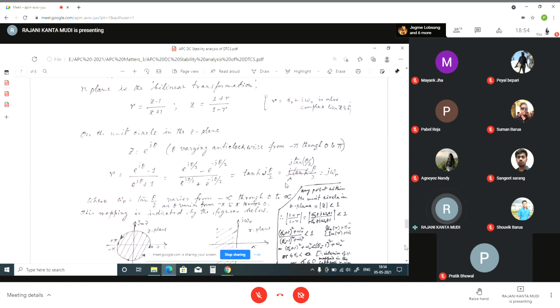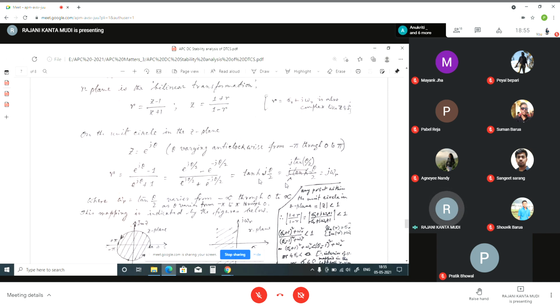Now see how this transformation can map the unit circle to the left half of the r plane. On the unit circle in the z plane, we know that z equals e to the power j theta. Its magnitude is 1 always, and theta varies anti-clockwise from minus pi to pi through 0. Now r equals, replacing the value of z, (e to the power j theta minus 1)/(e to the power j theta plus 1).